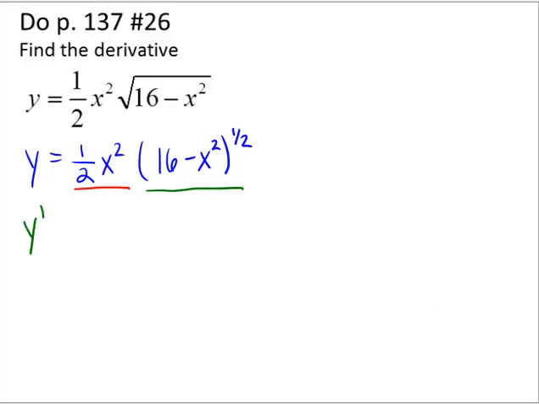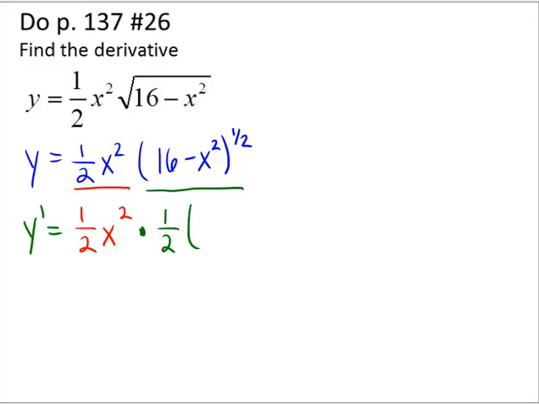So the derivative would end up being, first, you're going to hear me talking about the product rule. So first, there's the first part, times the derivative of the second. Now here's where the chain rule takes place because I have this big x. The 16 minus x squared is standing for a big X. I'm going to bring the 1/2 out front.